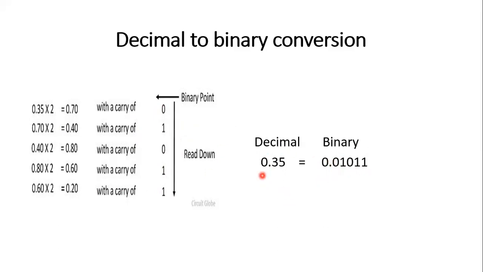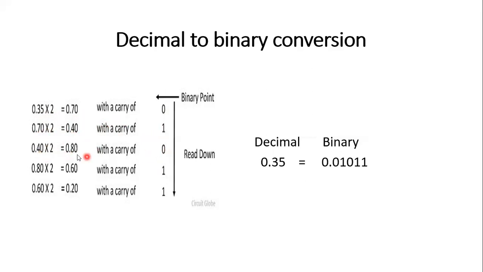Okay, are you able to follow? Once again, I explain. First, 0.35 into 2, no carry, because this is 0.70. You put 0.70 here. No carry means you put 0. Again, 0.70 multiplied with 2, 1.40. 1 is the carry. Therefore, you put 1 here, 0.40 is here. Again, multiply with it, 0.80, no carry.